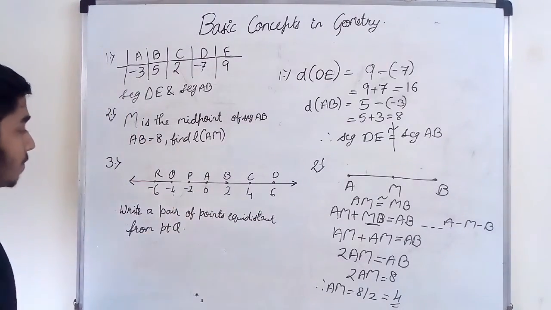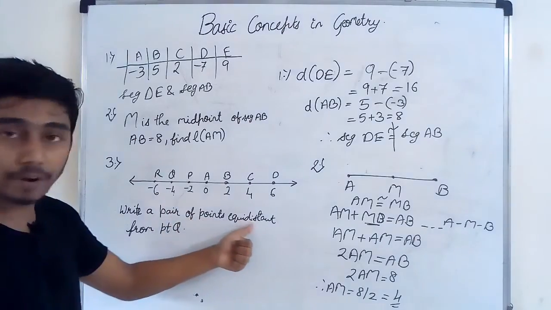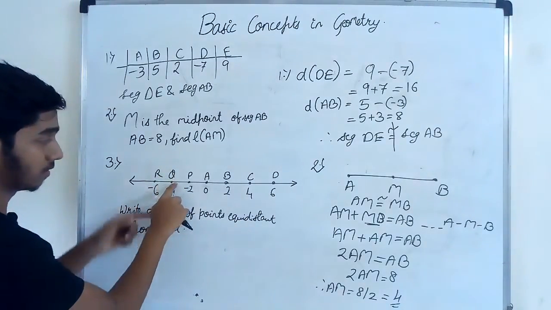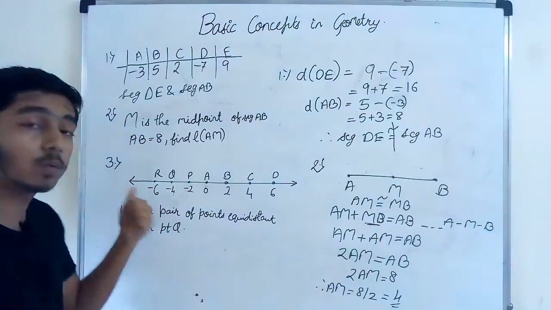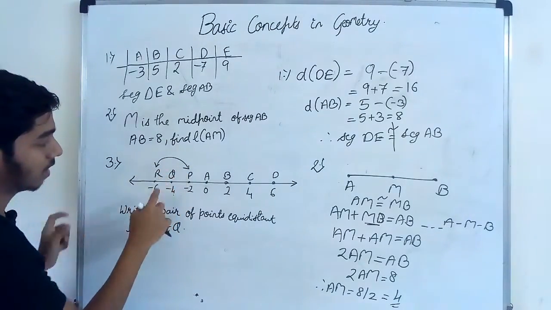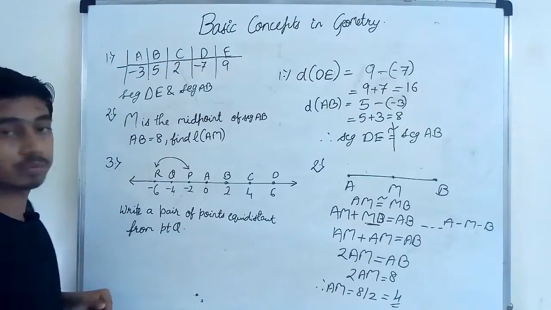Let's see the third one. What are we supposed to find? Write a pair of points equidistant from point Q. So point Q is there here. Can we write a pair of points which is at equal distance? So if you see R and P, the distance between RQ and PQ is what?